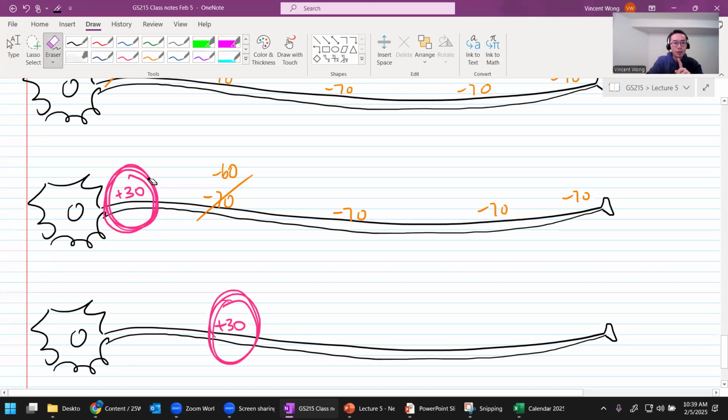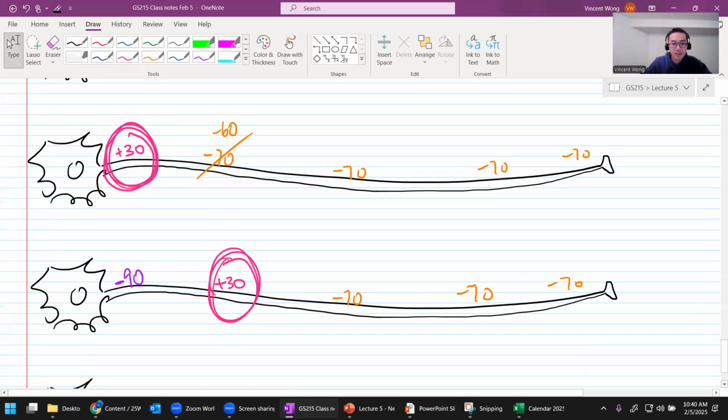However, for the previous section, after all the sodium comes in, you close the sodium channels, you open the potassium channels, and then the potassium will start leaving the cell, right? The efflux. And that will bring this all the way down to negative 90. So this is negative 70, negative 70, negative 70.